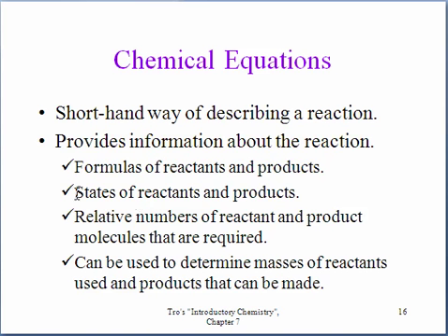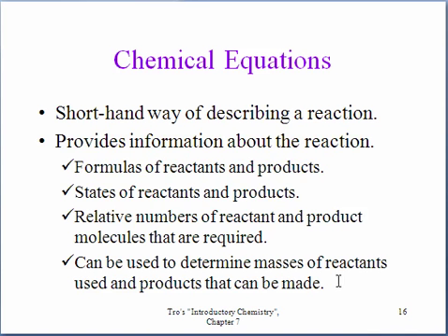A chemical equation also tells us the state of reactants and products. It tells us the relative number of reactant and product molecules that are required for a given reaction. And this piece here can be used to determine masses of reactants used and products that can be made. So for example, we can liken this to making a cake.